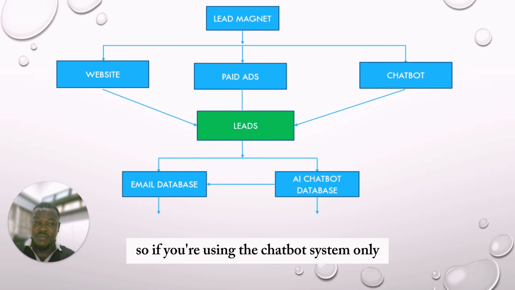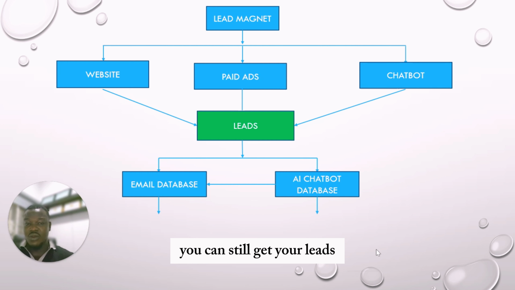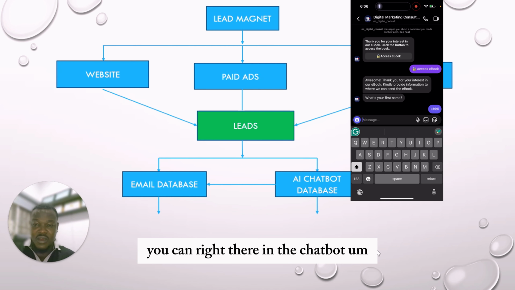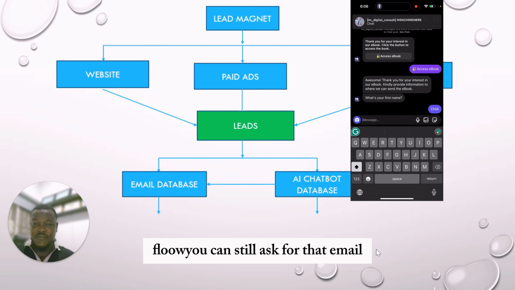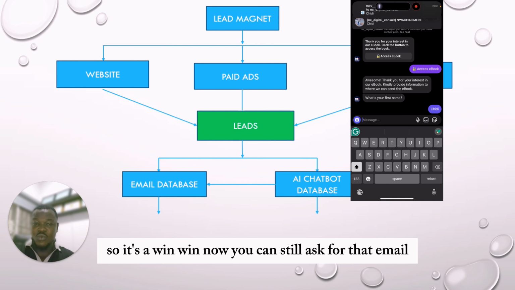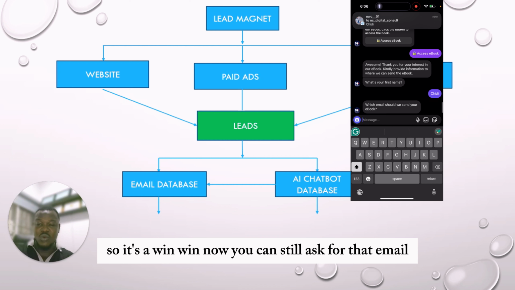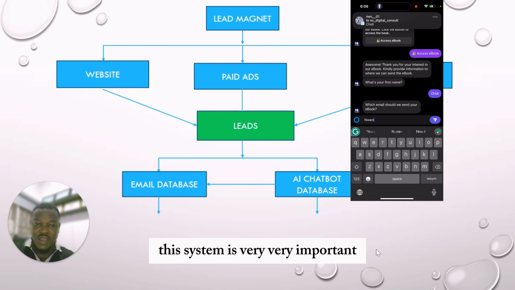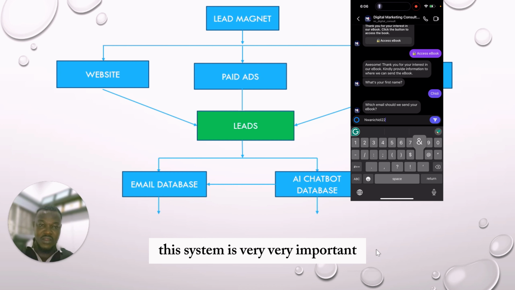So if you're using the chatbot system only, you can still get your leads, and in the chatbot flow, you can still ask for their email. So it's a win-win. You ask for their email and automatically send it to your email database. This system is very important.